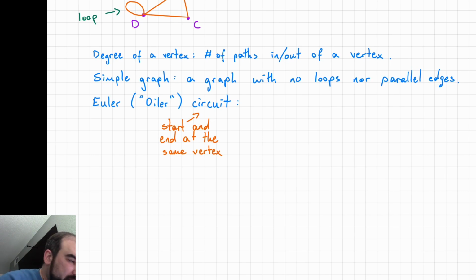Specifically, an Euler circuit is a circuit that uses every edge exactly once.